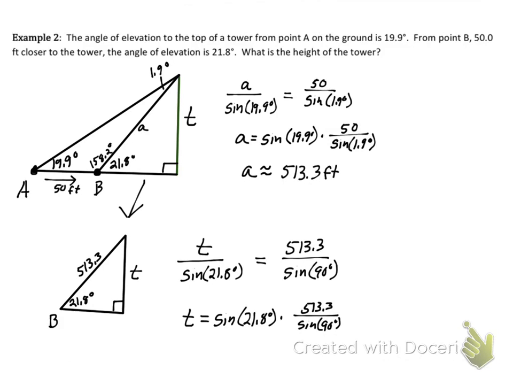You should have come up with T equaling about... What did that come out to? 190.6. Yeah, I rounded to 191 feet.